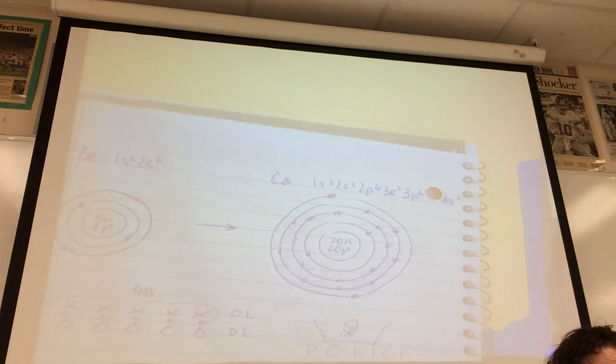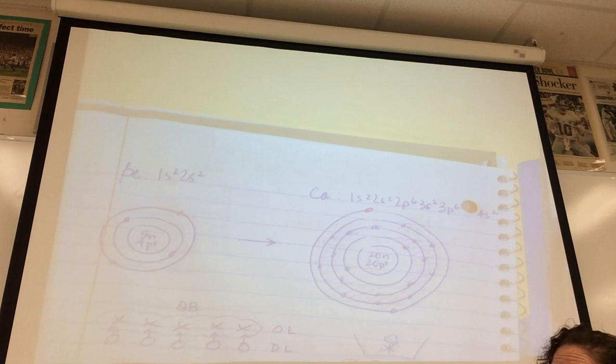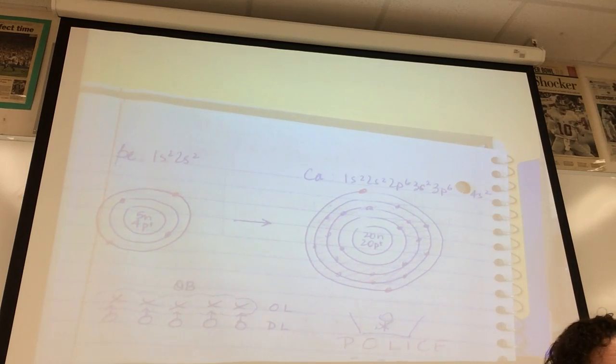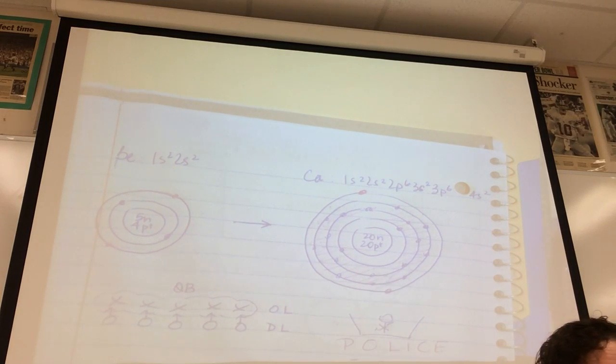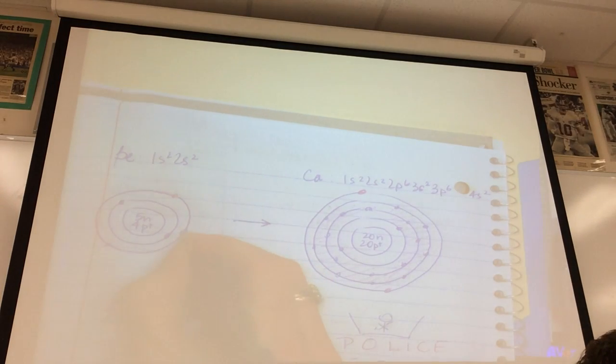The other thing I want to mention is if you have beryllium and calcium, what is electron affinity? The ability to attract and hold an electron you didn't have previously. So for example, why do you see a decrease in electron affinity?